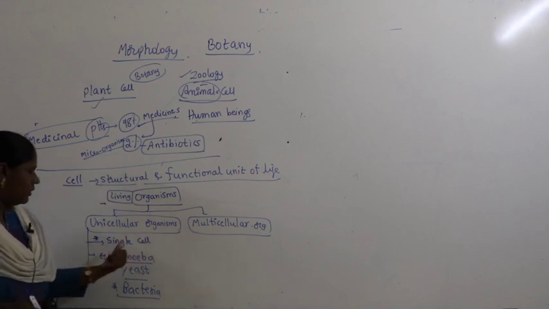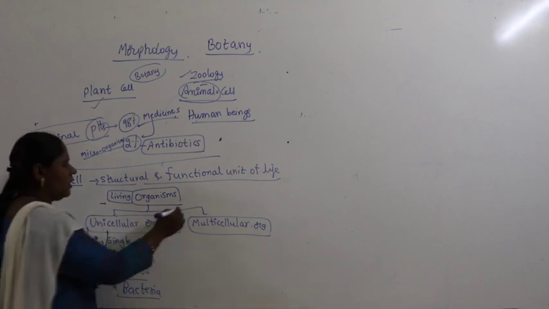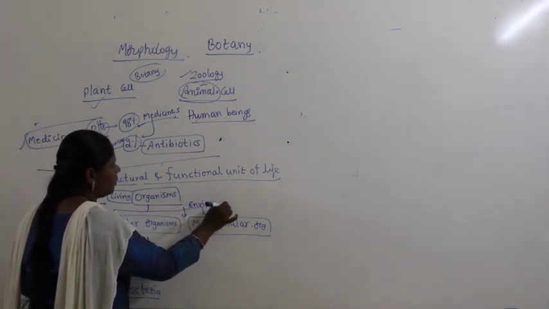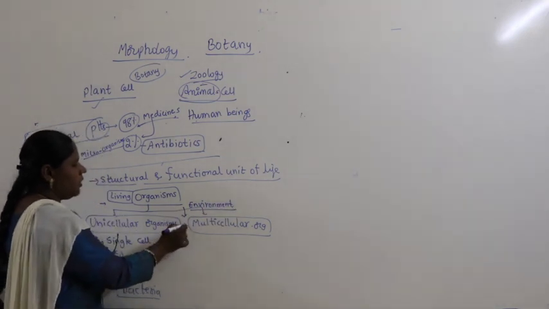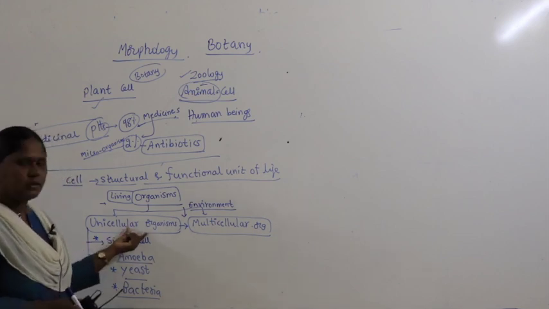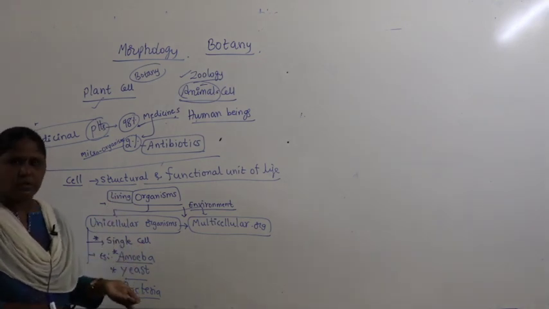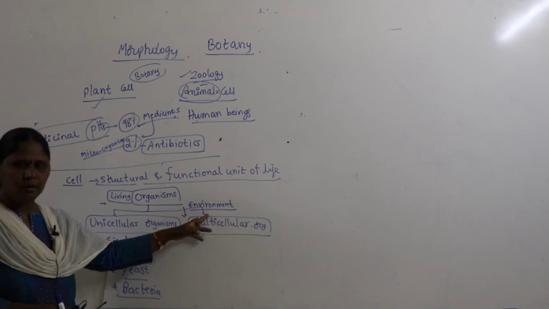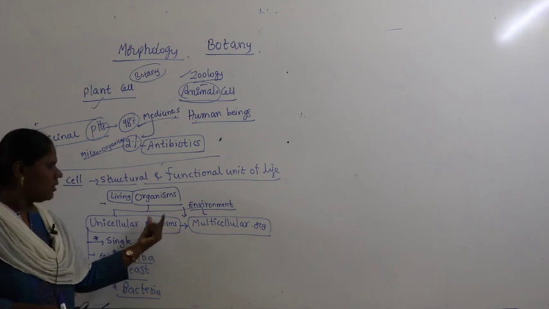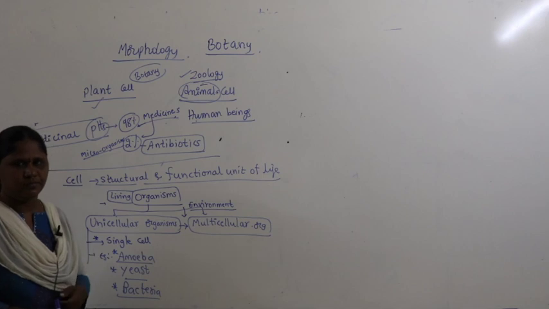Then slowly the unicellular organisms underwent many modifications due to changes in the environment, and that slowly led to the formation of multicellular organisms. What I am trying to tell you here is that unicellular organisms underwent many changes due to the impact of the environment, and slowly developed into multicellular organisms.